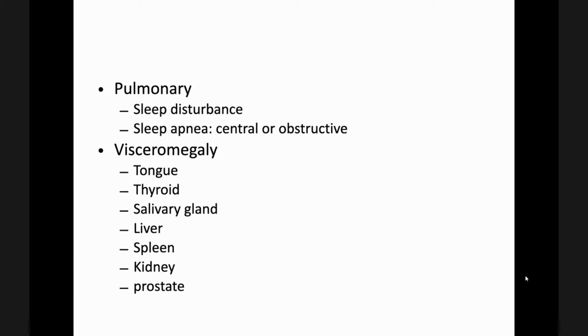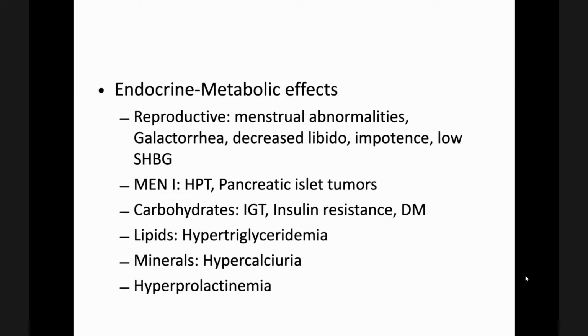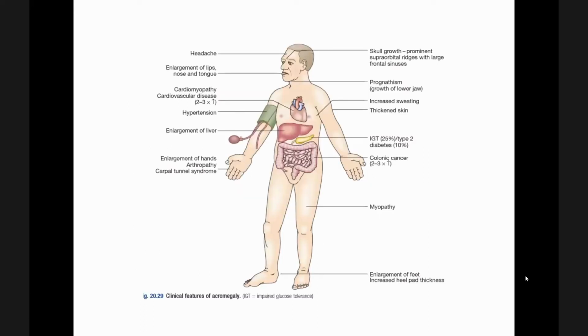There might be sleep disturbance and visceromegaly, endocrine metabolic effects like diabetes, and menstrual abnormalities, galactorrhea, decreased libido, and hypertriglyceridemia, hypercalciuria. There are a lot of features of acromegaly.